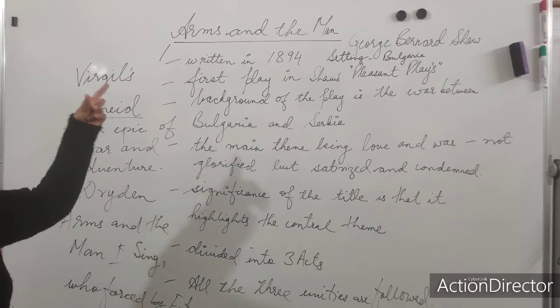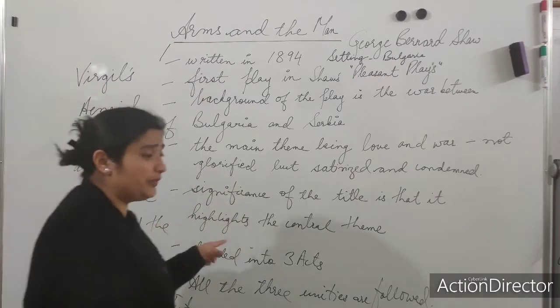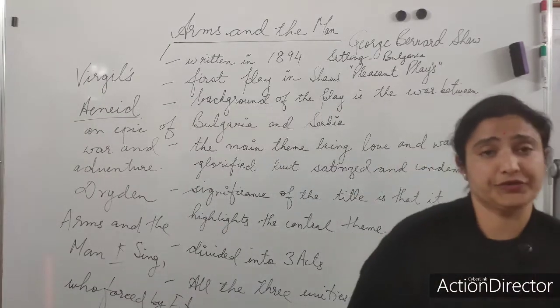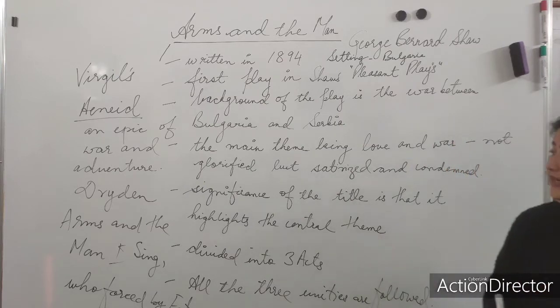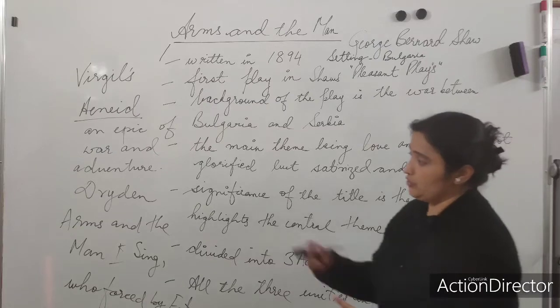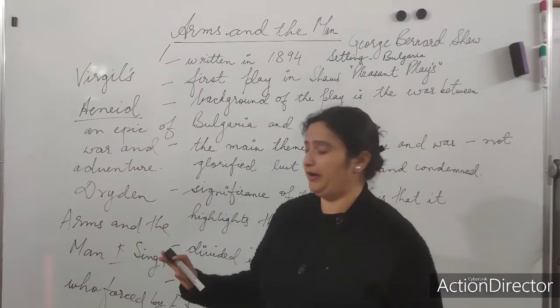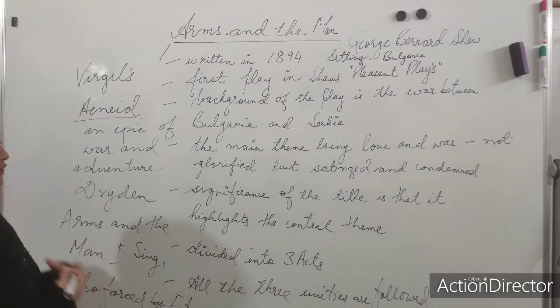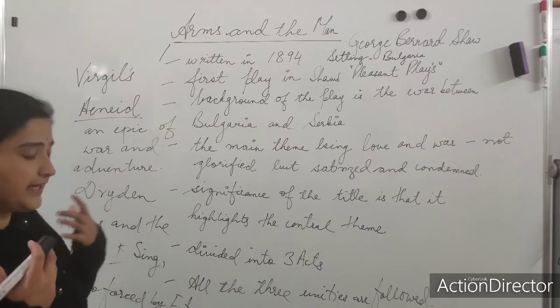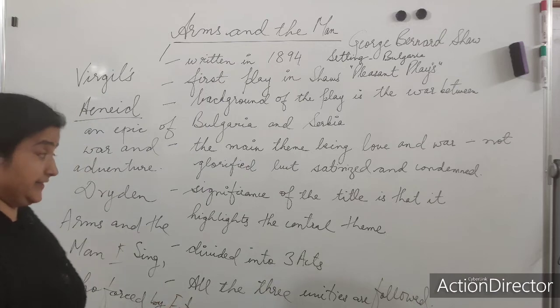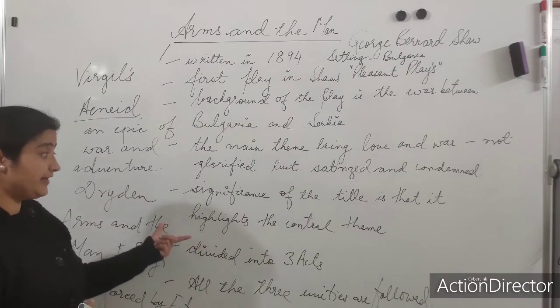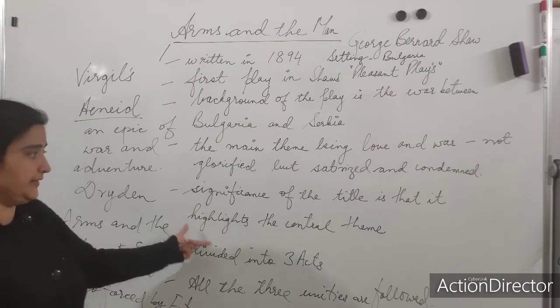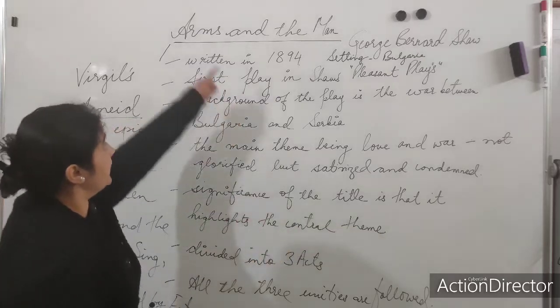The title of the play are the opening lines of the poem which was written by Virgil in the Aeneid and was later translated into English by John Dryden. This is what you have to keep in mind. Generally when we talk of drama, the title is of great significance, and here the title is very significant because it is highlighting the central theme.